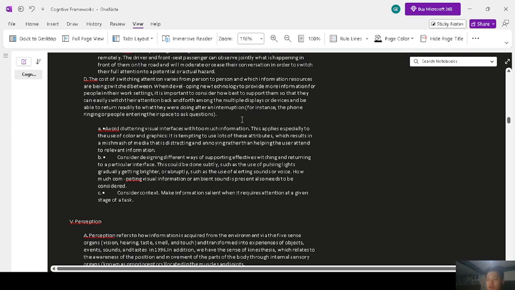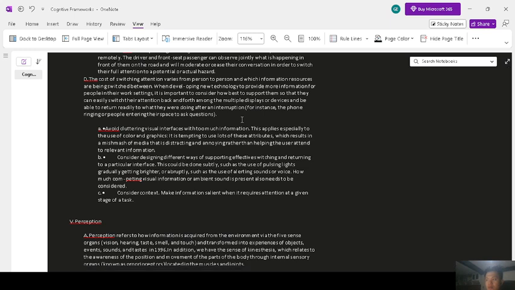So basically this research says that there is a myth that a hands-free phone, where you are not holding your phone, is less dangerous.